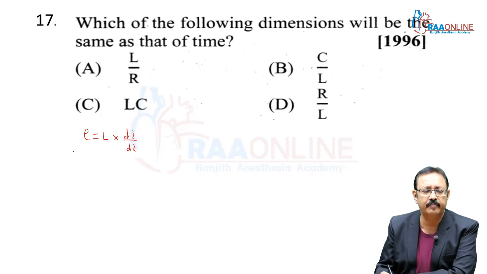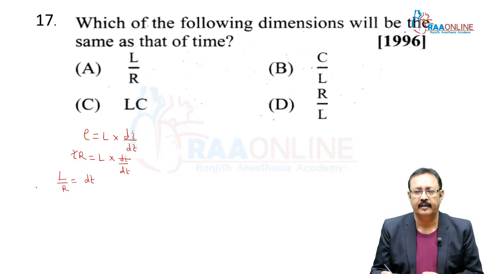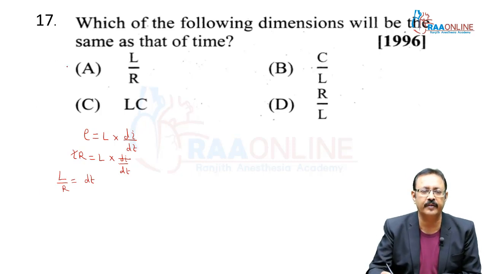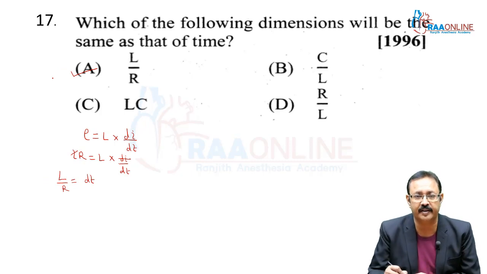A voltage, means I into R. Cancel current with current, dimensionally both are the same. Take R in the denominator of L and dt on that side. So L upon R has the same dimension as that of time. So we are going with the first option. They put it first so that they don't want to waste your time.